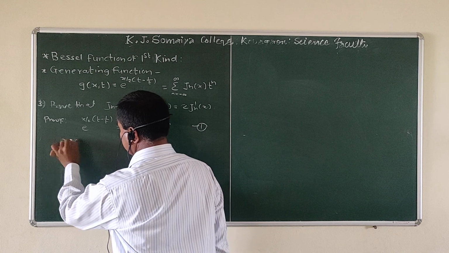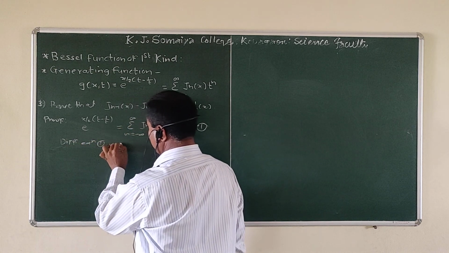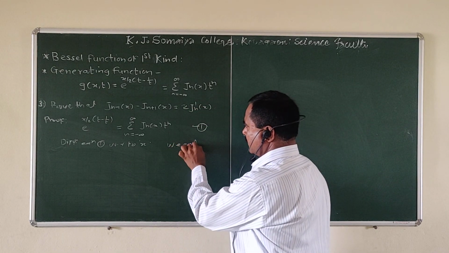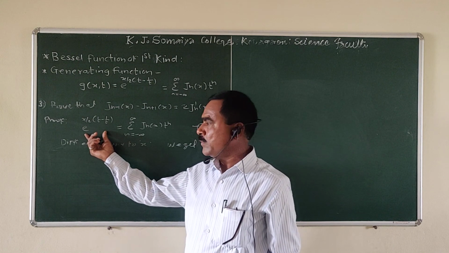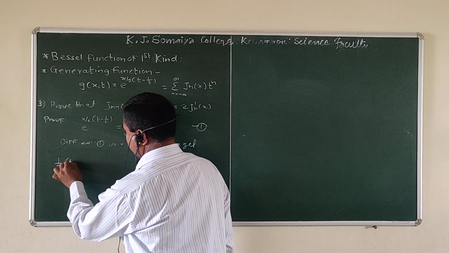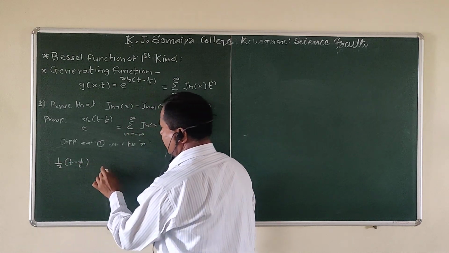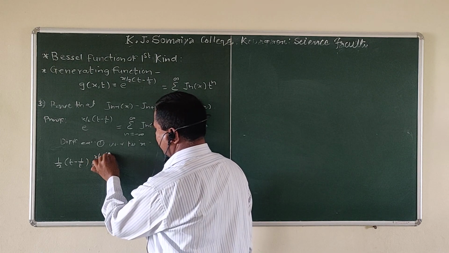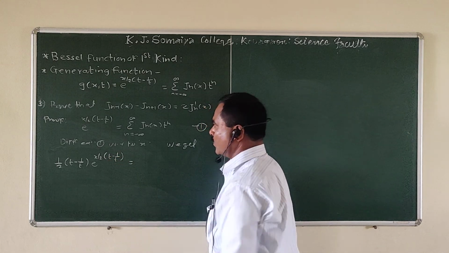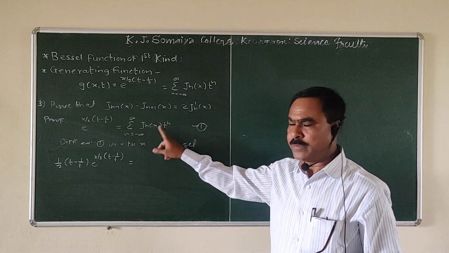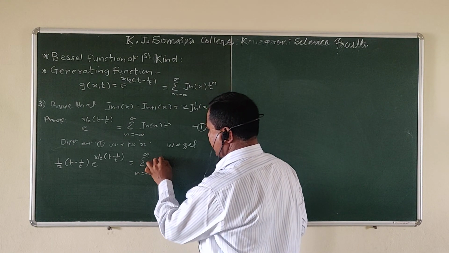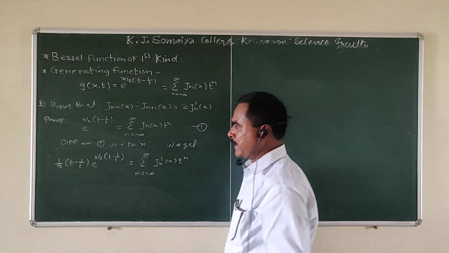Differentiating equation first with respect to x, we get, so differentiating with respect to x, right there, 1/2 bracket (t minus 1 upon t), then e raised to x by 2 in bracket (t minus 1 by t) equal to, differentiating with respect to x, summation n from minus infinity to plus infinity Jn dash x t raised to n.